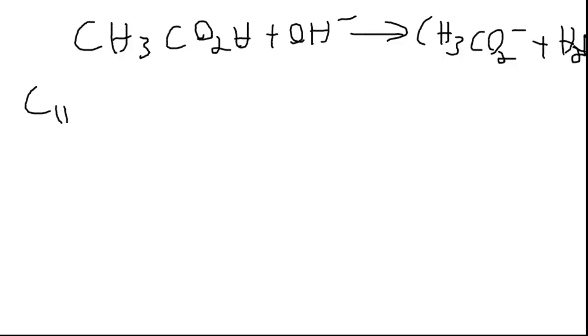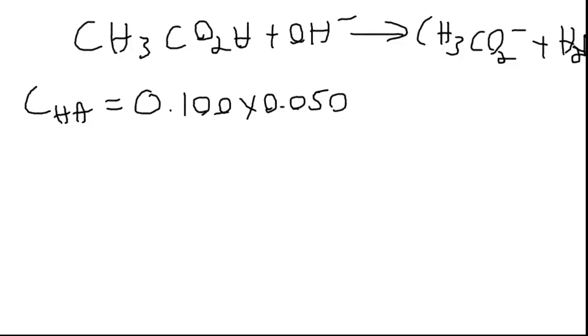So the initial concentration of acid, I'm just going to call HA. We're going to have however number of moles that we started with, which was 0.1 molar times 0.05 liters. You can keep that in milliliters if you want, it doesn't make any difference.